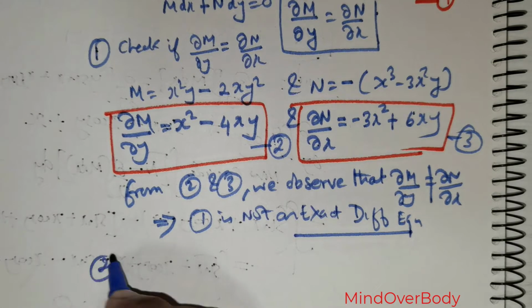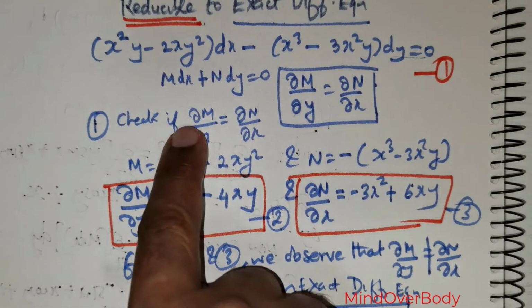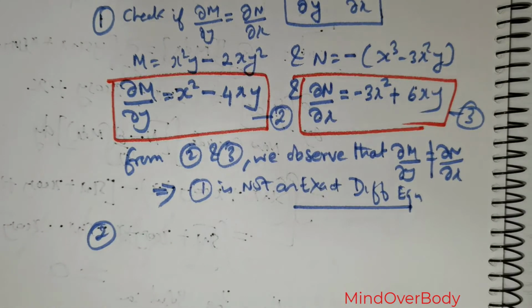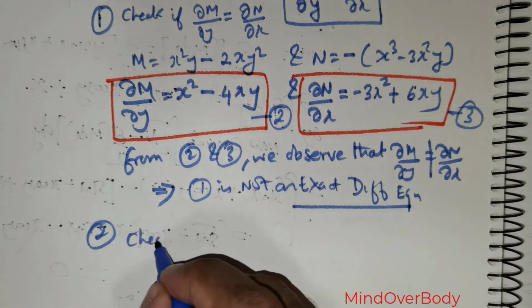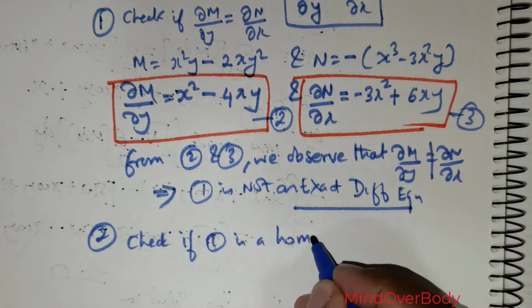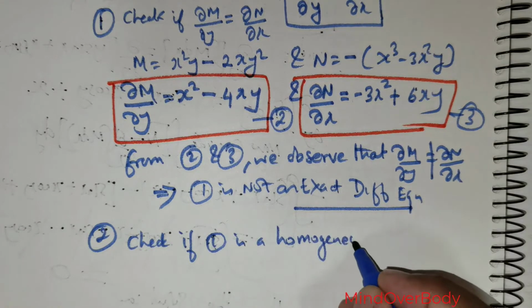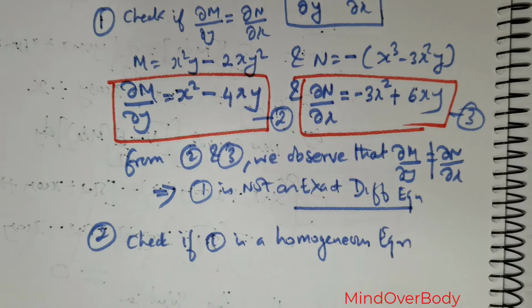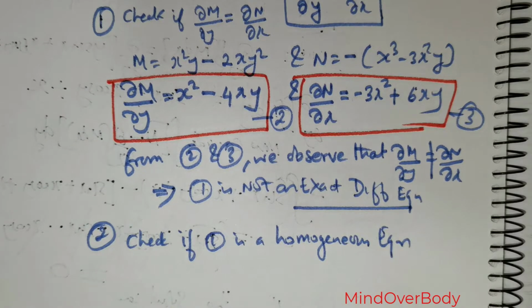Now, first we have undergone this stage. Number 2 is we will have to check if 1 is a homogeneous equation. That means the degrees should agree.